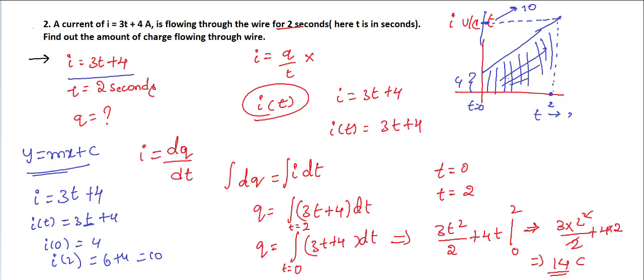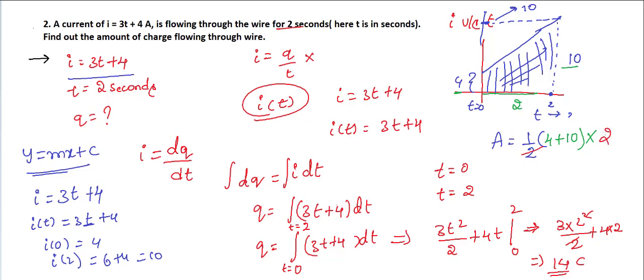So this looks like a trapezium. Area of a trapezium is equal to half the sum of the parallel sides times the base. What are the parallel sides? One is 4 plus 10, times the base. What is the base? It is 2. So A is equal to half into 4 plus 10 into 2.